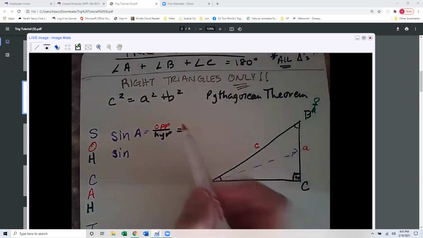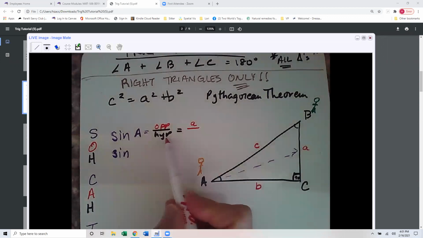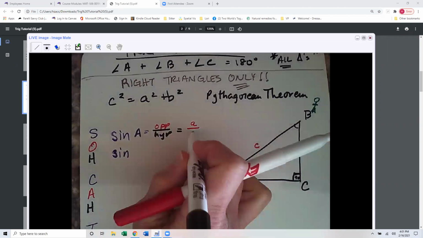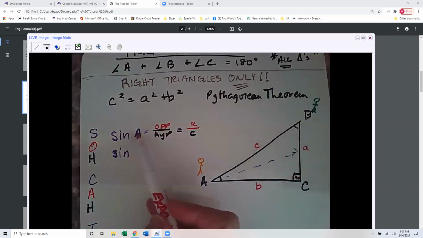So this would be a. The hypotenuse never moves based on perspective. It doesn't matter if I'm the orange stick figure or the green stick figure, the hypotenuse is always going to be little c. So that does not change, it stays static. All right, so we've got a over c. So the sine of angle A is the ratio of side a to side c.